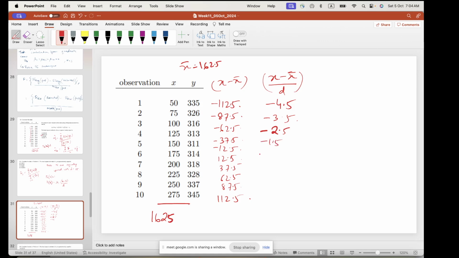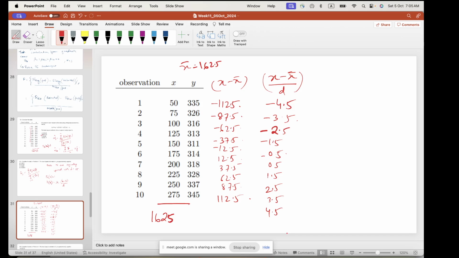And 12.5 divided by 25 is minus 0.5, then again plus 0.5, plus 1.5, plus 2.5, plus 3.5, plus 4.5. So we have 10 observations. We had our y's, we had our x's, we calculated x minus x bar, and we also calculated x minus x bar by d.